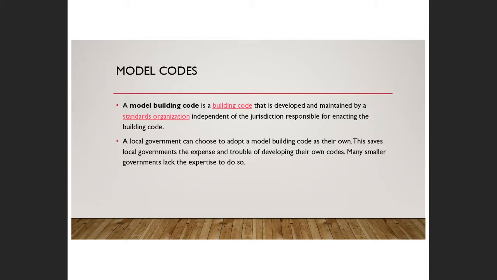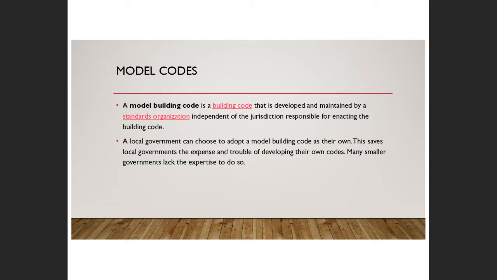So there are organizations that develop model building codes. Those model building codes are built and developed by a standards organization that's independent of the jurisdiction, the jurisdiction again being the town or village that's responsible for enacting the building code.